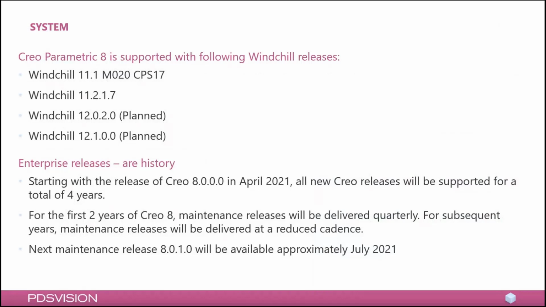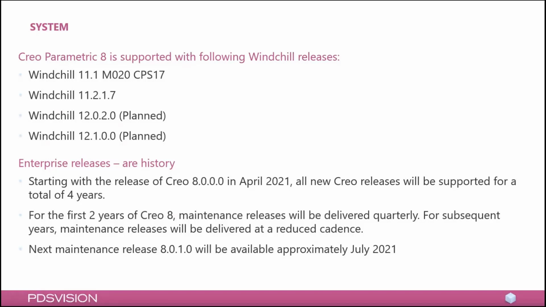Then for a bit larger customer-related upgrade: we used to have enterprise releases. Those were the releases that were supported longer, and then we had non-enterprise releases with a support span of maybe around 1 or 2 years. Previously, Creo 4 and Creo 7 were enterprise releases, which had extended lifespan support.